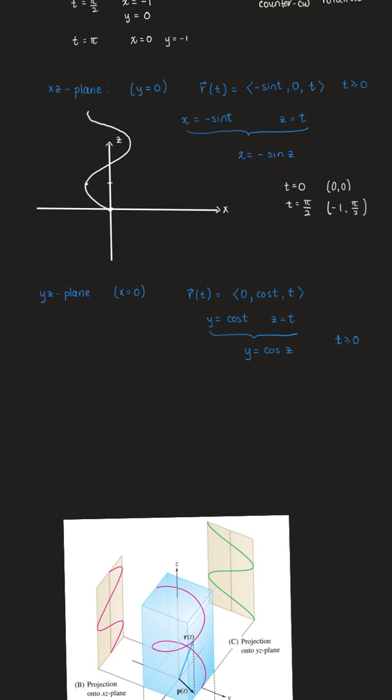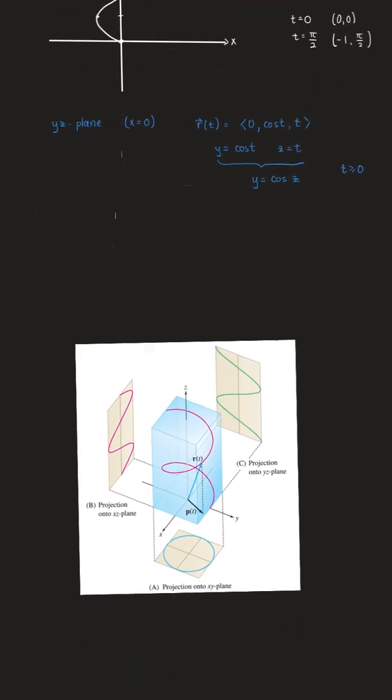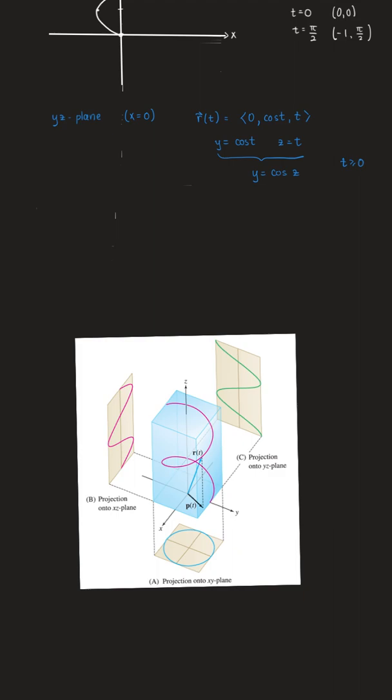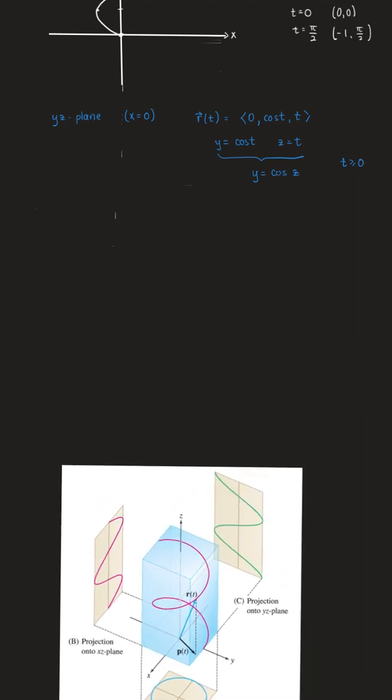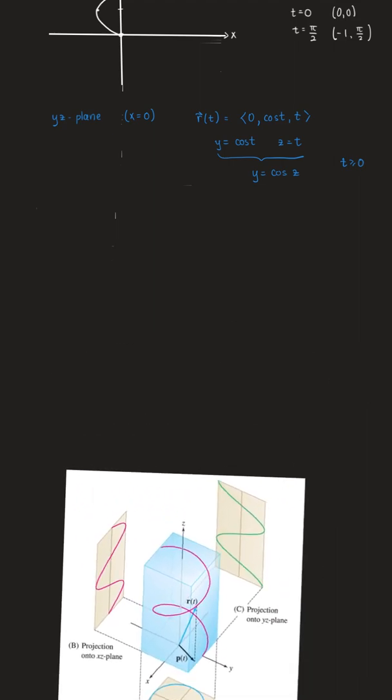So if we again try to sketch this projection onto the yz plane, I'm going to let y be the horizontal axis and z be the vertical axis.